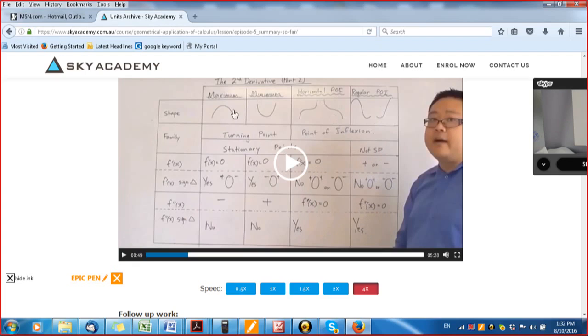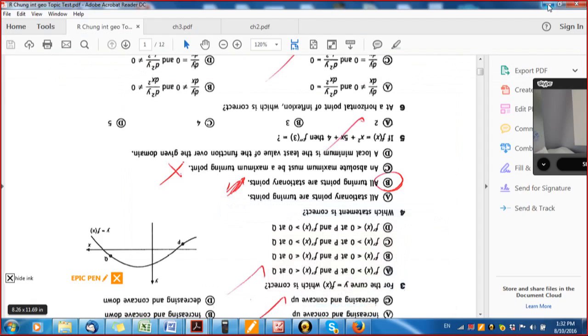Get really familiar with this, and know the difference between a turning point and a stationary point, and the difference between just a horizontal point of inflection and a regular point of inflection. Does that make sense?